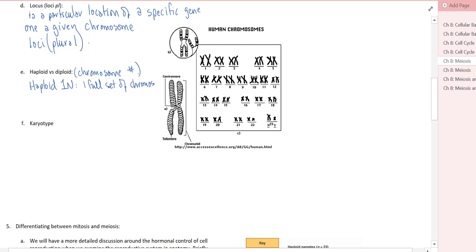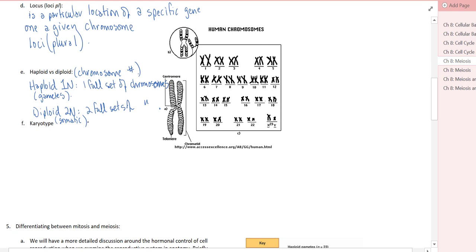This is typical for our gametes. Gametes are all haploid, and diploid means that you have two full sets of chromosomes, and we would be referring to our somatic cells or our body cells, right?